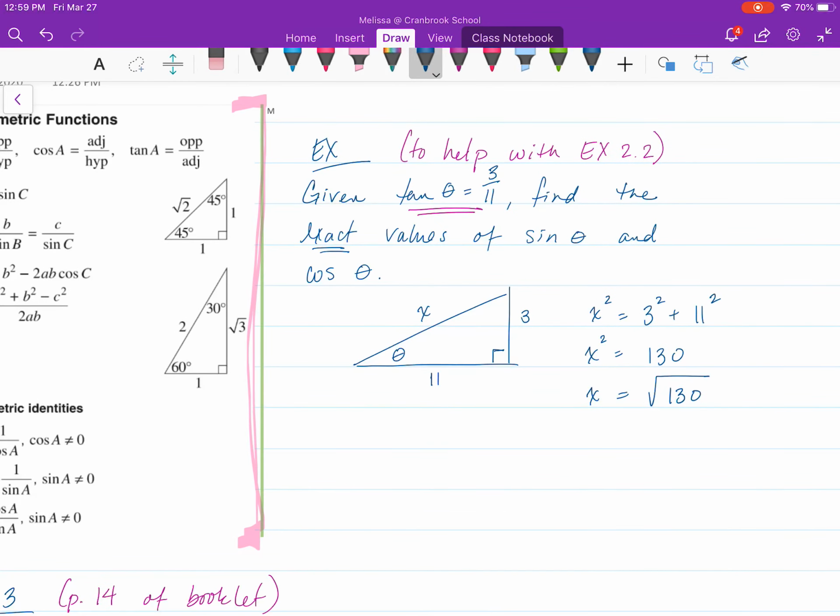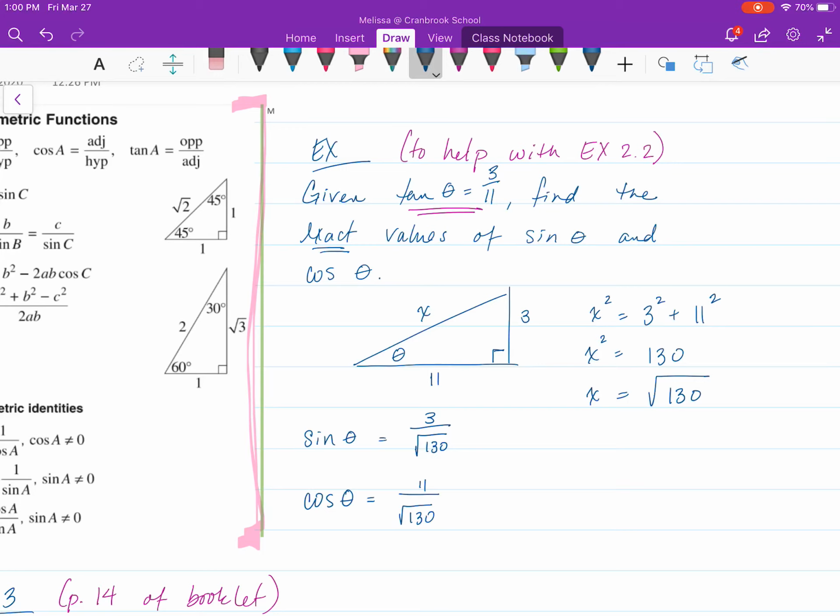You just simply use, okay, I want the sine theta, which is my opposite side to theta, which is 3, on my hypotenuse, which I just found was the square root of 130. And it's done. And that's exact values. And I didn't touch my calculator. Cosine of theta is the adjacent side to theta, which is 11, on my hypotenuse, which is the square root of 130.